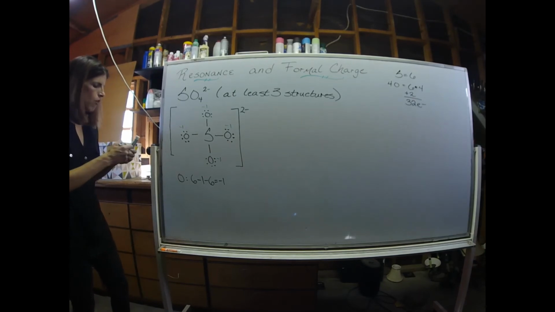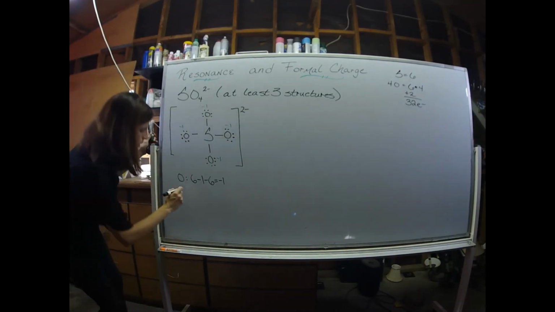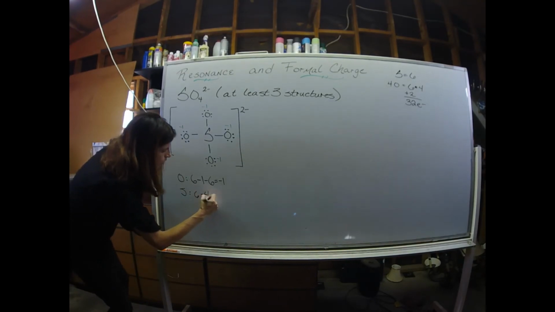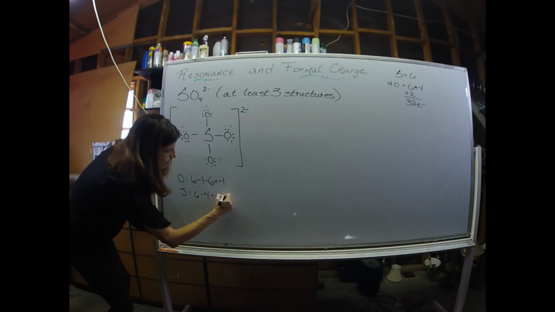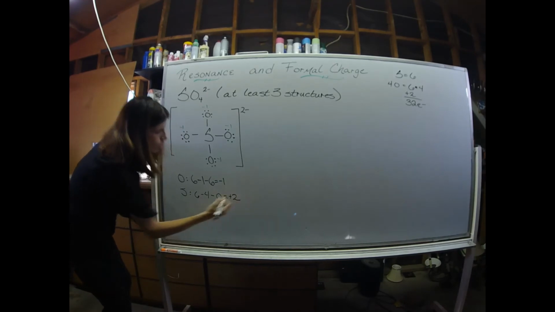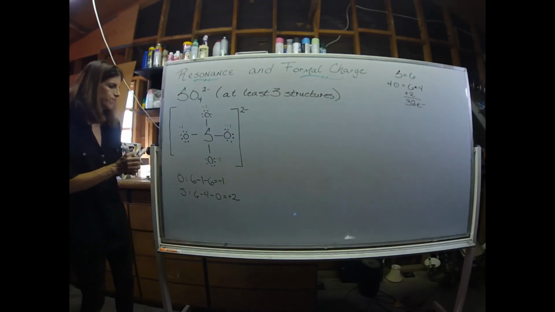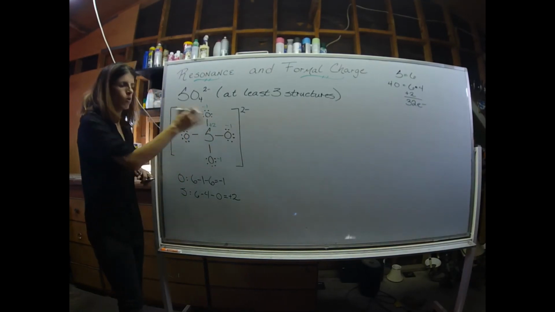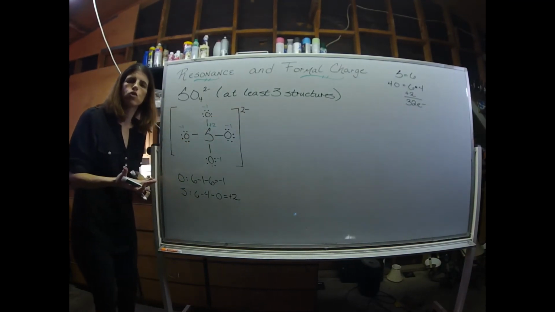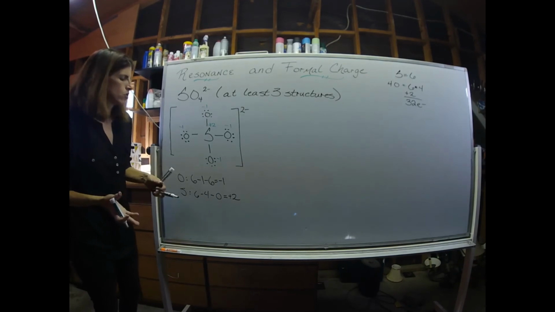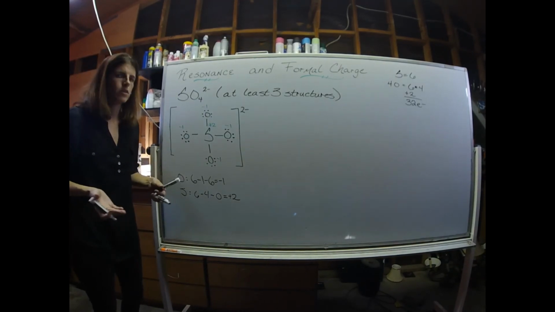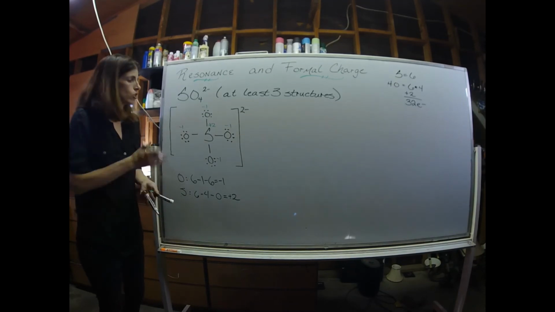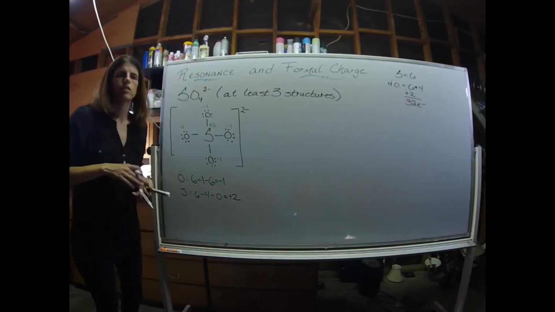And then for sulfur, our central atom, we have a group number of 6 minus the 4 lines, 0 dots. So we're going to have a formal charge of +2. Add up all the formal charges, you do get a -2 overall. So at that point, you're like, okay, then why don't you like this structure? Well, it does a pretty poor job of minimizing the formal charge.